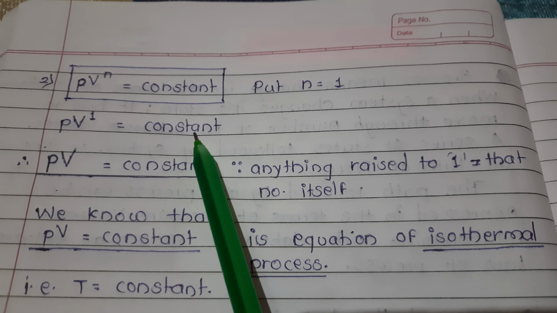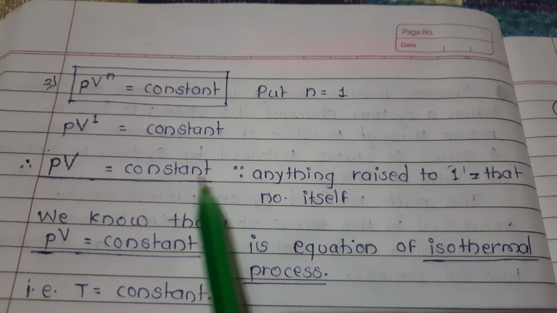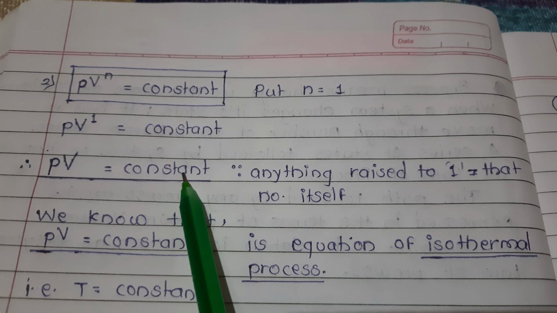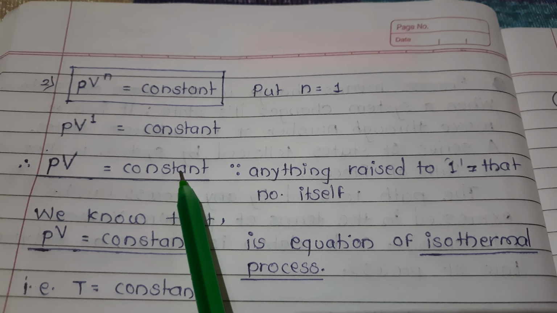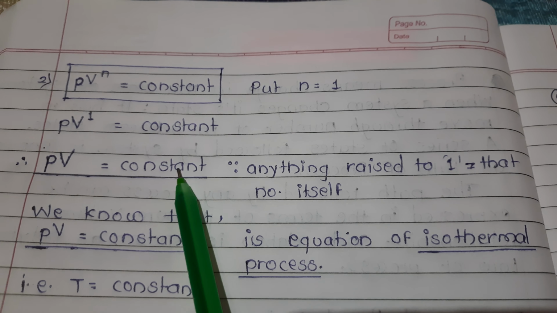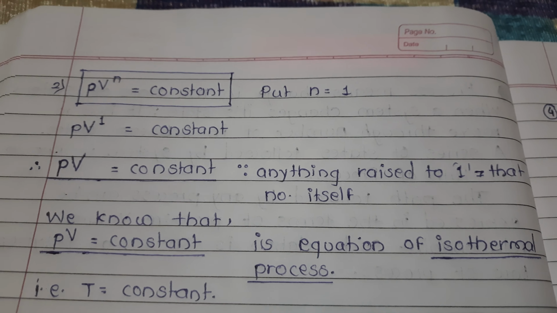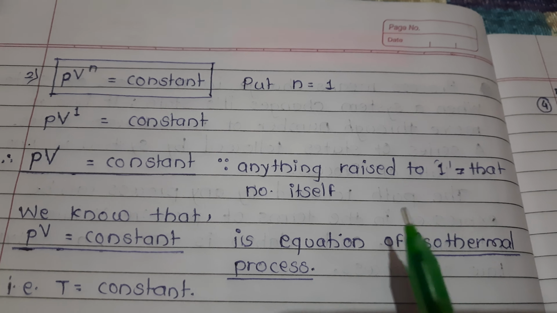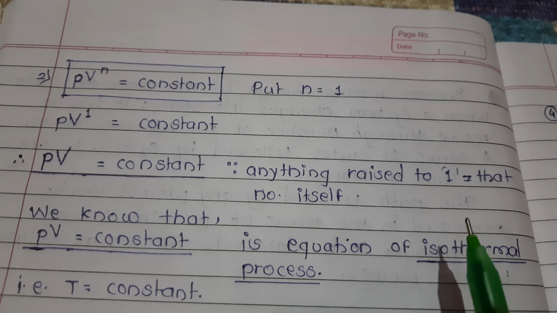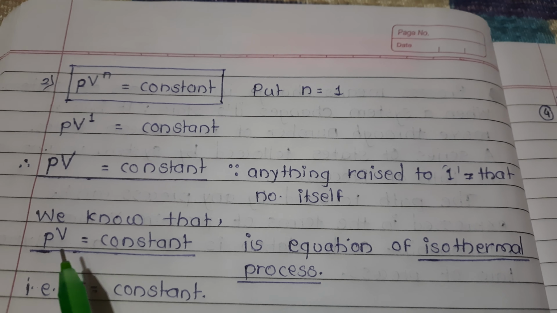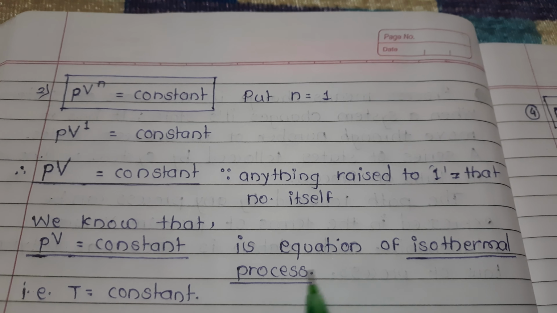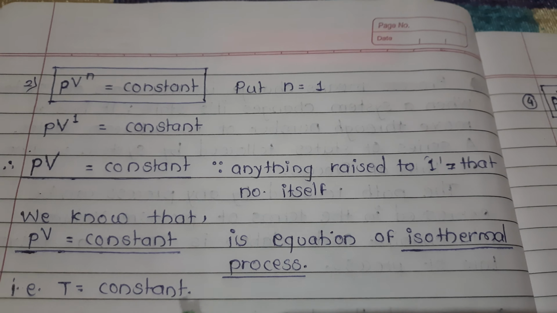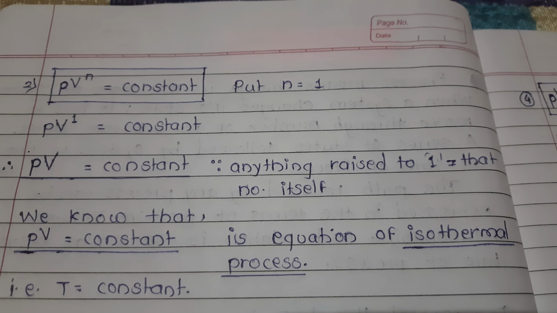Now, anything raised to 1 is equal to that number itself, which means PV = constant. PV = constant is the equation of the isothermal process. We have already studied it. Hence, PV = constant is the equation of an isothermal process, in which T = constant.